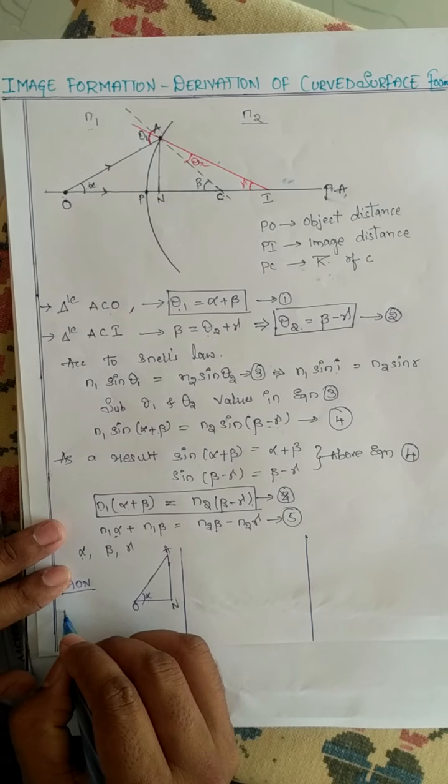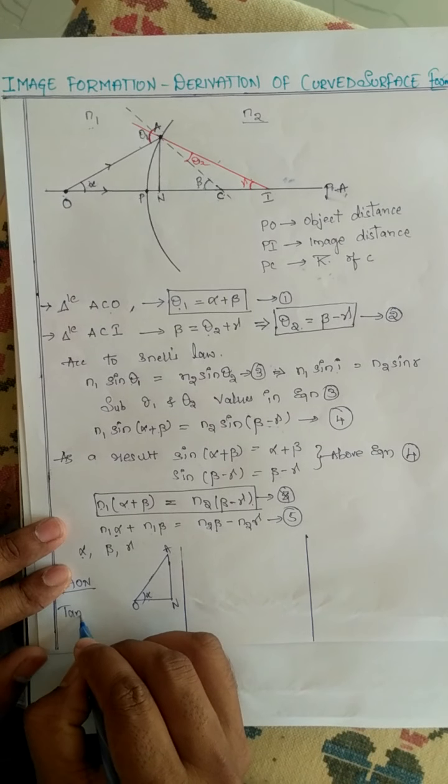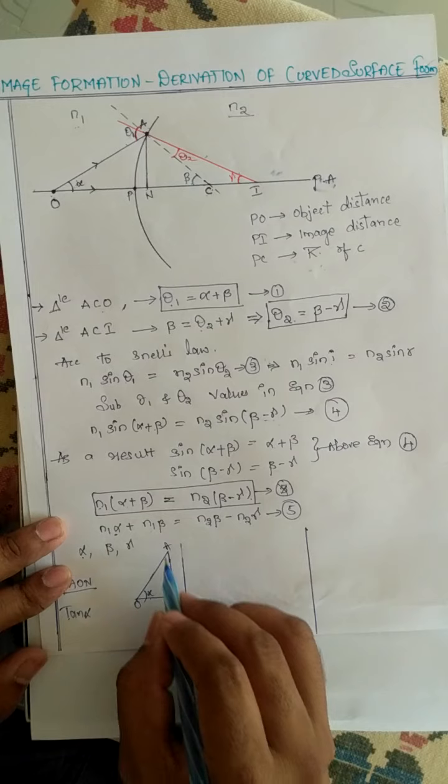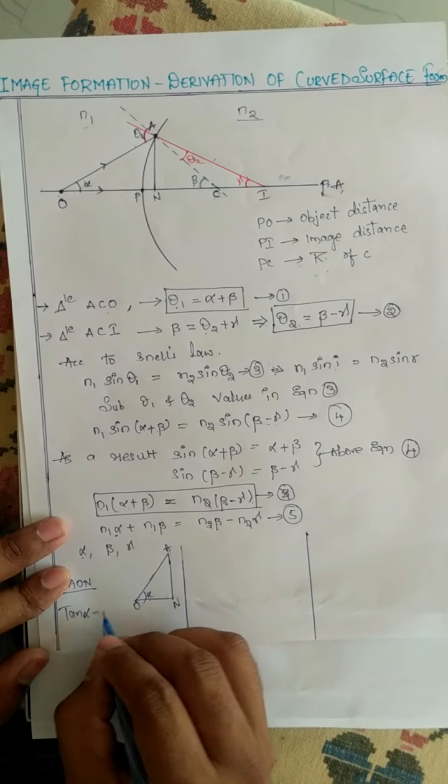We can take tan alpha from our trigonometry. Tan function is opposite by adjacent, right?